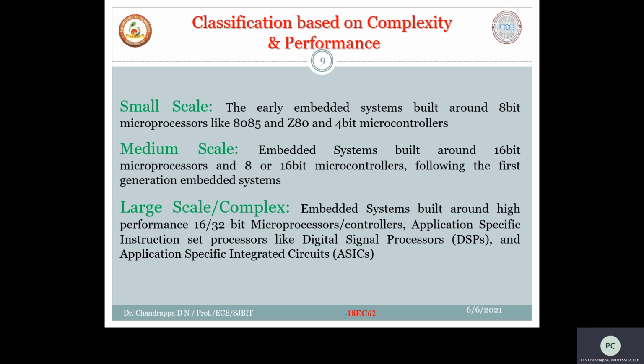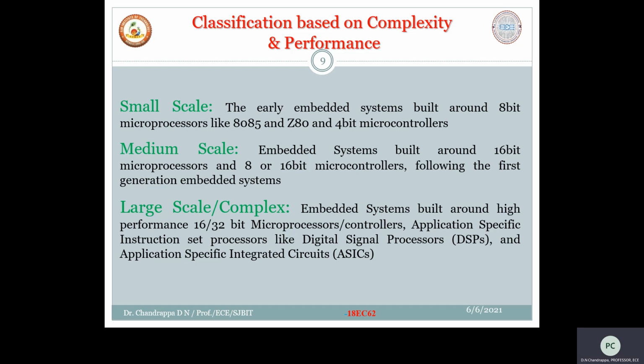And similarly, the medium scale. In the medium scale, advanced from the small scale, they are built around 16-bit microprocessors and 8-bit microcontrollers, following the first generation embedded systems. Okay, and the last one, the large scale or complex, as I explained in the last slide, covers the third and fourth generations.